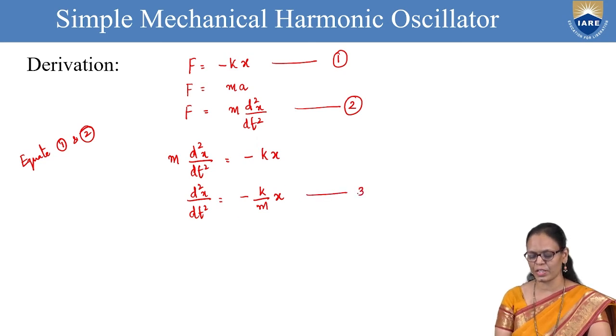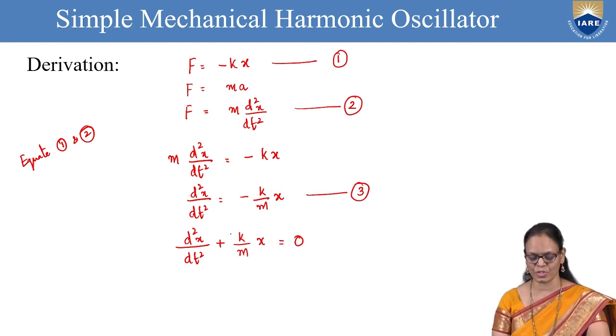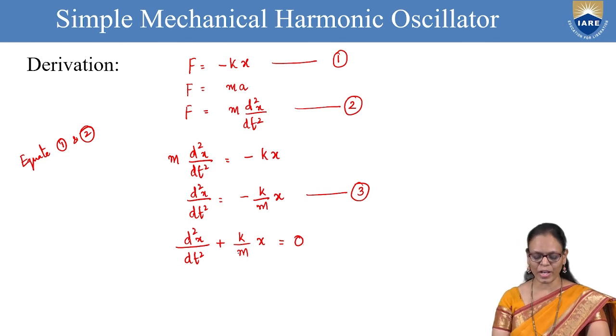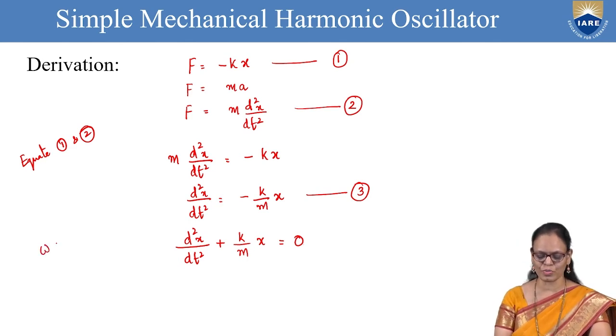If this is equation 3, I can take this term on the other side: d square x by dt square minus k by m into x. If it comes onto this side, it will become plus k by m into x is equal to 0, because we want to write an equation. This is of the second order, this is of the first order. So d square x by dt square plus k by m into x is equal to 0. Now we are going to make a substitution.